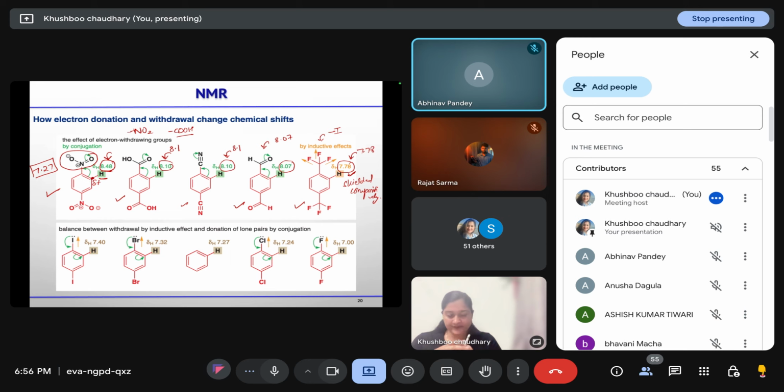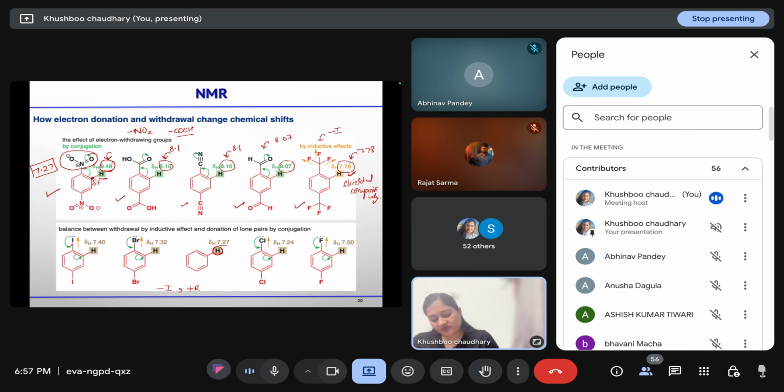Now, if halogens are attached to the benzene ring, the benzene proton will come around 7.27. Halogens can show the minus I effect and also the plus R effect. Because of this competition between minus I and plus R, the values come near around 7.27 only.